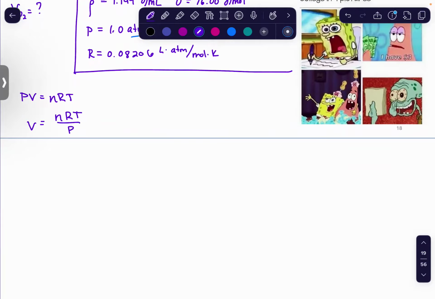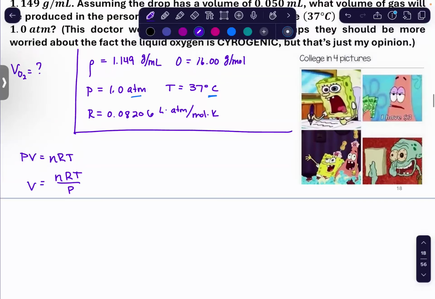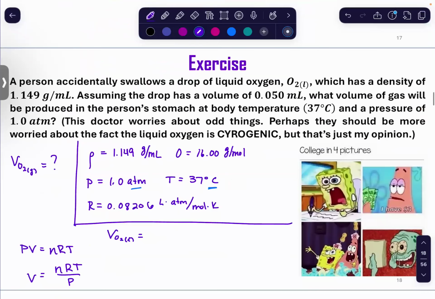Now we have R, T, and pressure. However, we don't have a number for moles. Okay, so we do, and so let's adjust this just a little bit up here. So this is O2 gas. We have a volume of O2 liquid from the problem.